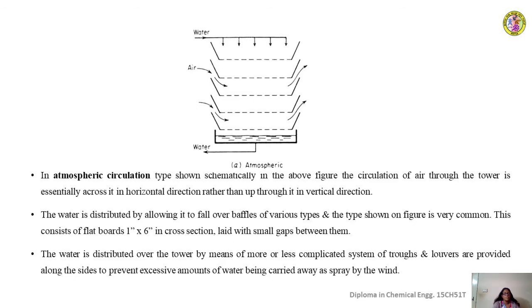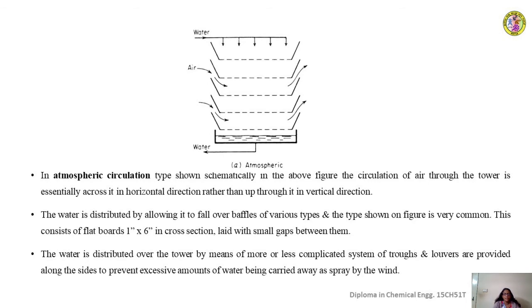Here, louvers are provided on the sides of the tower to prevent the loss of water in the form of droplets. That is, air flowing out of the tower should not carry away the water as a spray. So to prevent that loss of water, the louvers are provided along the sides of the tower. The water that is entering from the top is allowed to get distributed through the tower.